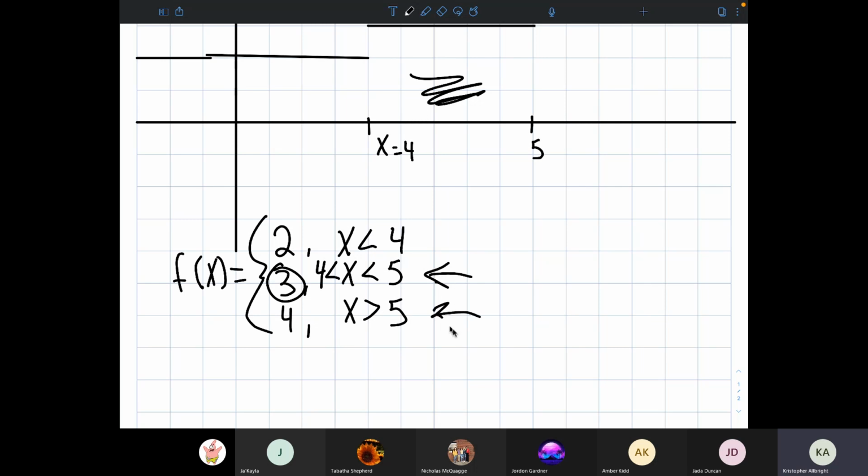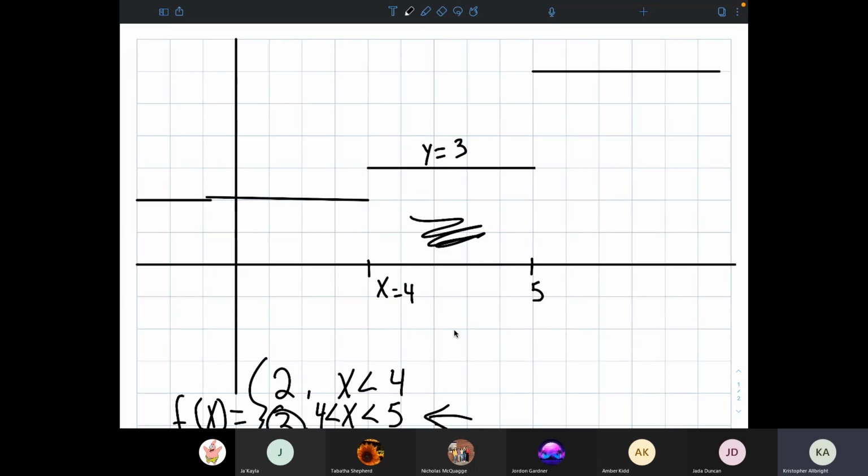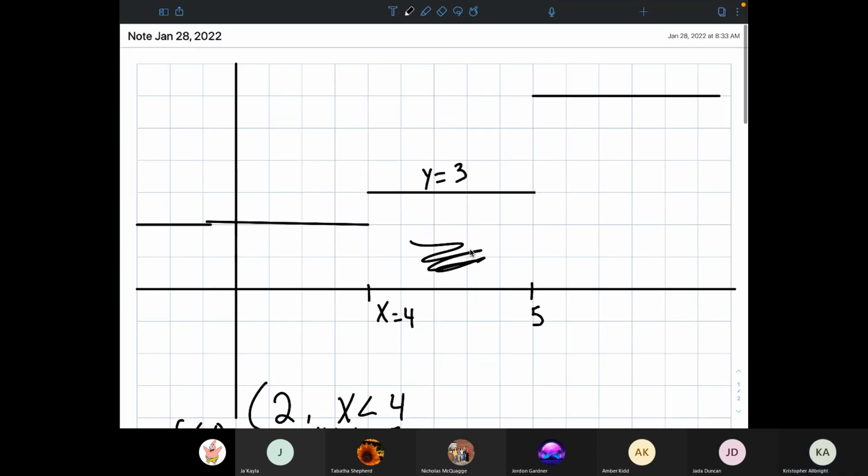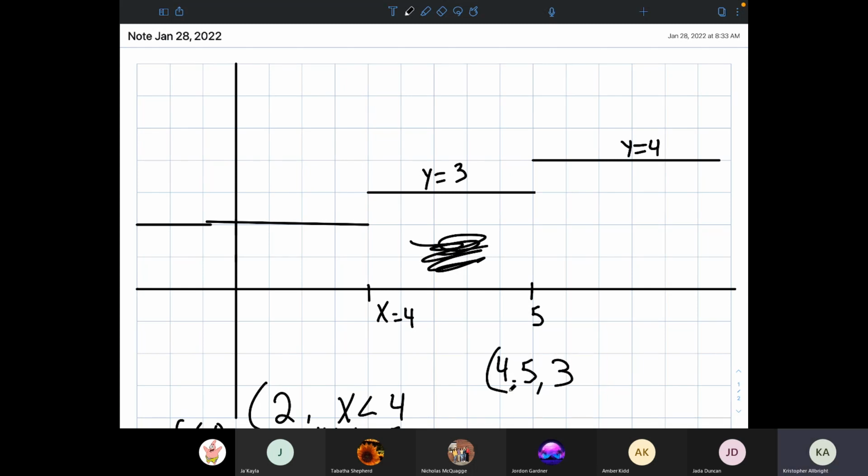So then we look at this, and when x is bigger than 5, y is going to equal 4. So if I move this down here, it does the same thing. It just keeps going from 5 onwards at y equals 4. So our answer for anything in here, if we plugged in 4.5, we would get 3 out. So that would be our ordered pair.